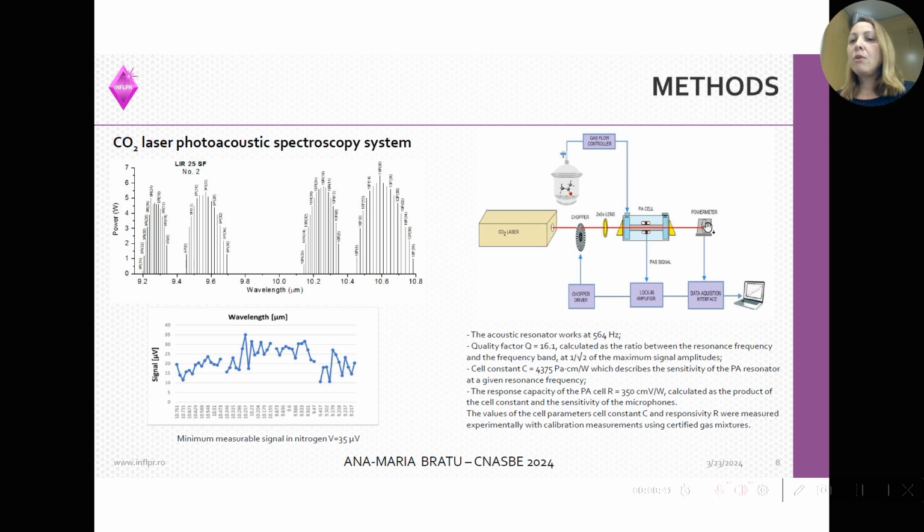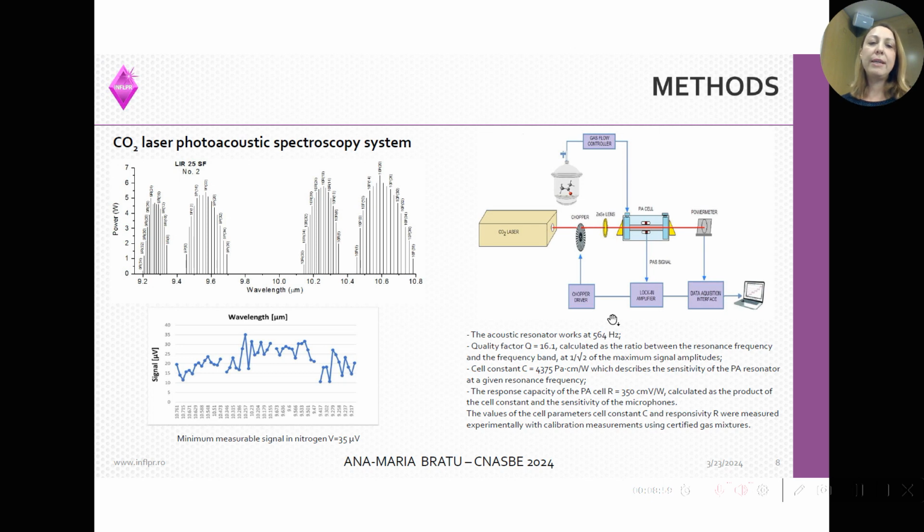The values of the power and the signal from the lock-in amplifier are collected by a data acquisition interface and transferred to the computer.